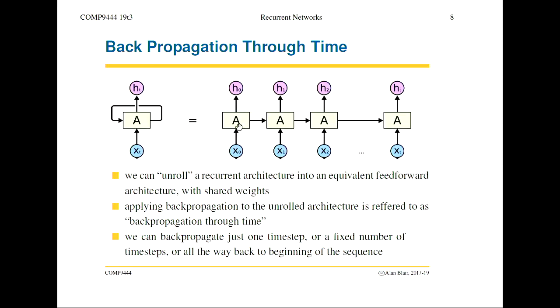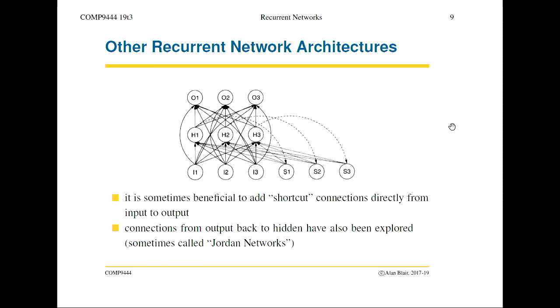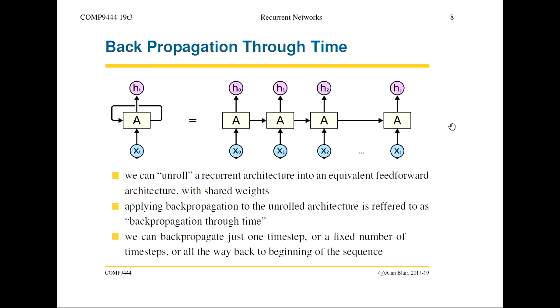If we want to backpropagate all the time steps, then of course we have to keep all of these intermediate values in memory, because once we get the output here, we have to have retained all of these intermediate values so that we can do the full backpropagation. If we backpropagate only one time step, then we don't have to keep everything in memory. We only have to retain the one previous value. Any questions about this?